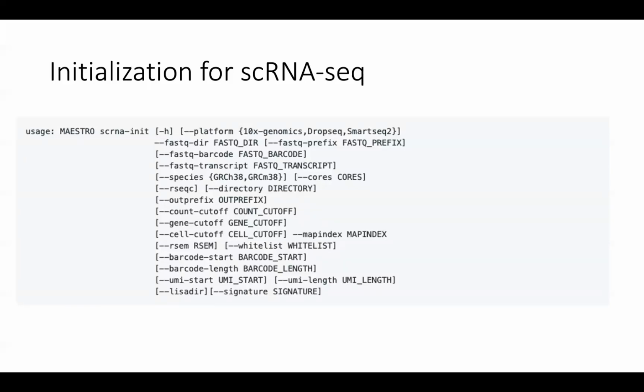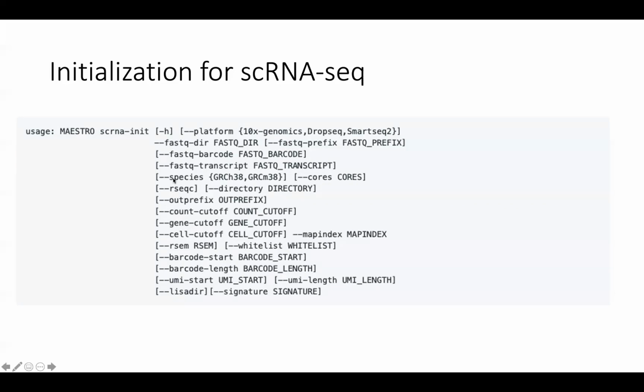In your homework, you're going to specify 10x Genomics, because the data that we're using was generated with 10x Genomics. But like we've seen, there are other platforms for generating single cell RNA-seq data. So Maestro also works with Drop-seq or Smart-seq, and those are just different protocols, so the analysis would have to be slightly different.